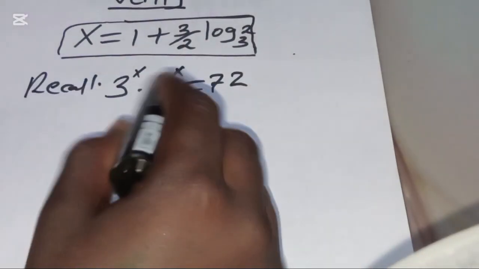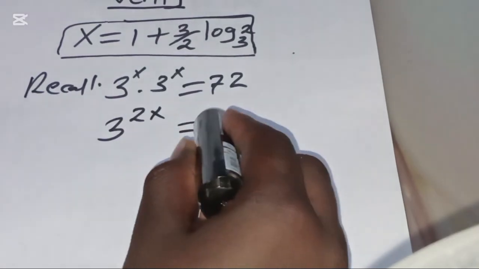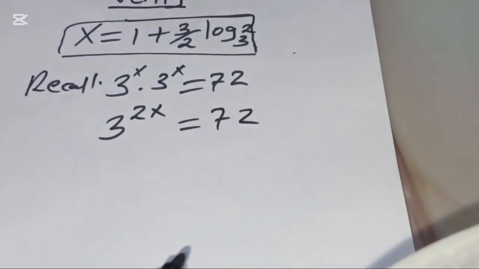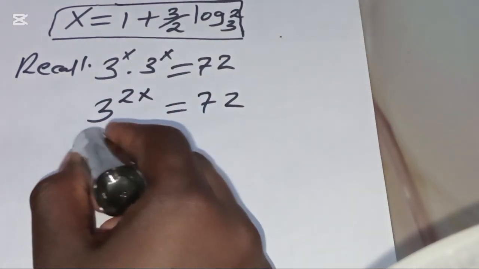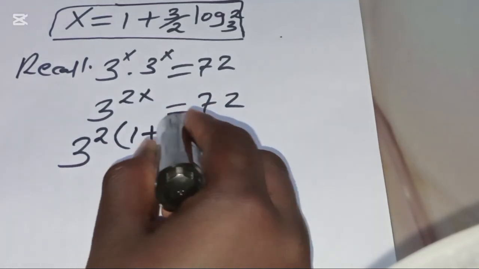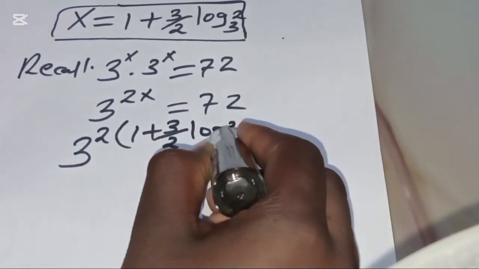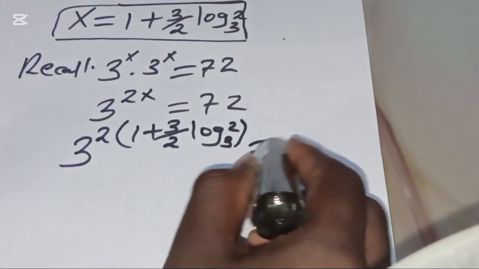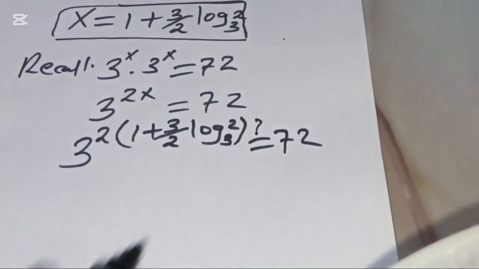Now we simplify this further to 3 to the power 2x, which should give us a value of 72. Now substituting the value of x in this case, we'll have 3 to the power 2 times 1 plus 3 over 2 log 2 to base 3. This should give us a value of 72. Let's check if this is true.